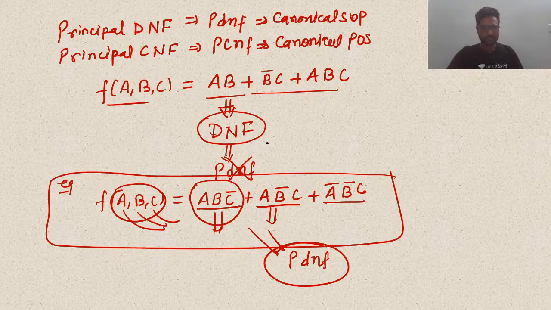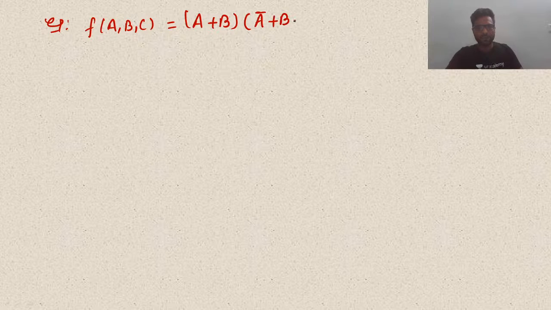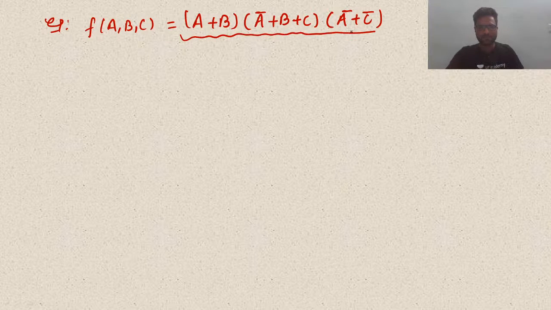Now next, let us consider one example. Let's say one function is given to you: a plus b, then a dash plus b plus c, and then a dash plus c dash. Now tell me, this function is in which normal form?